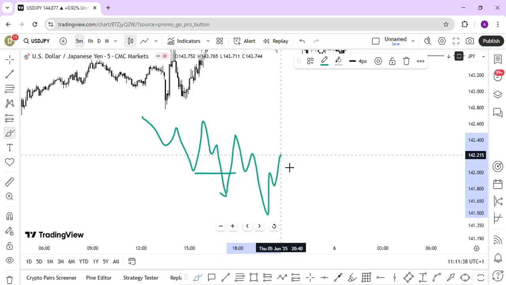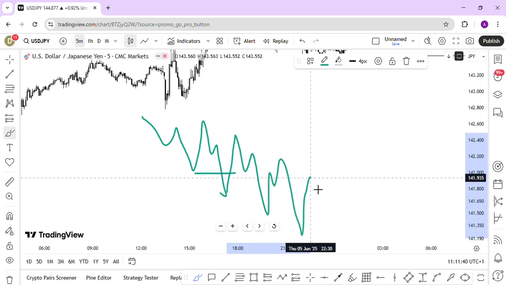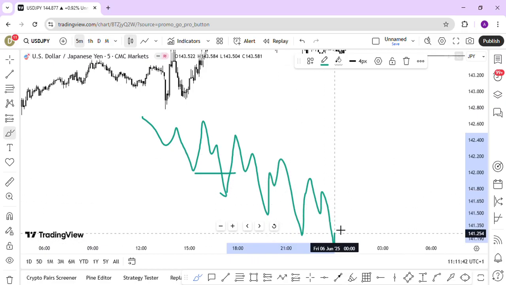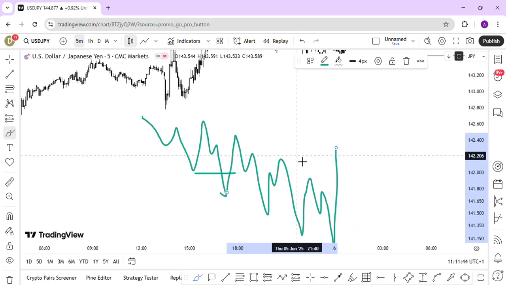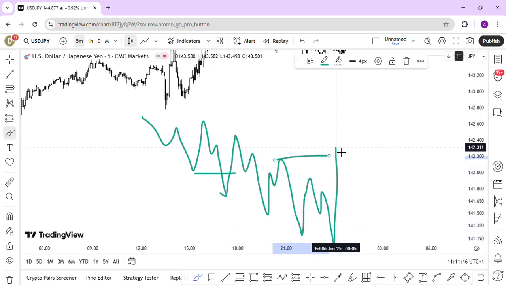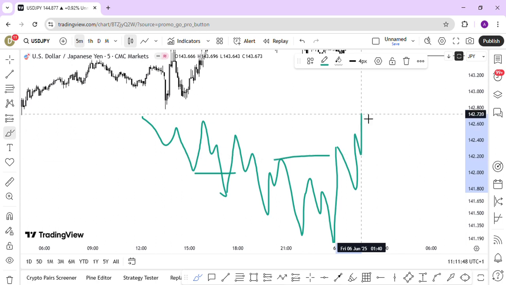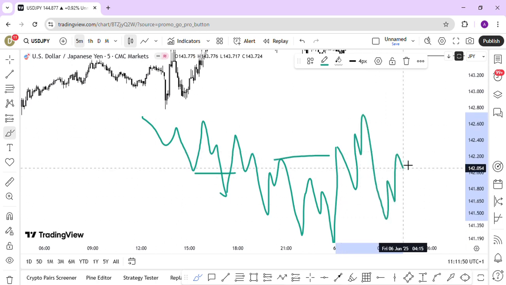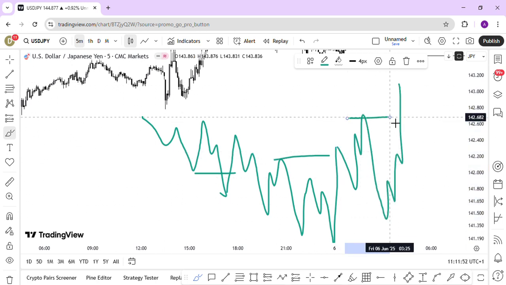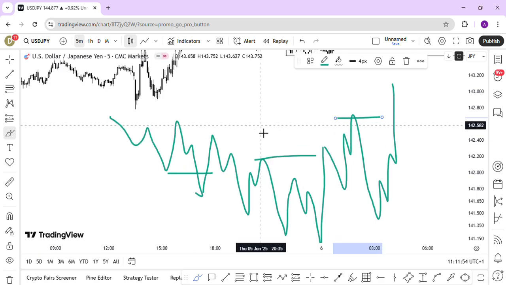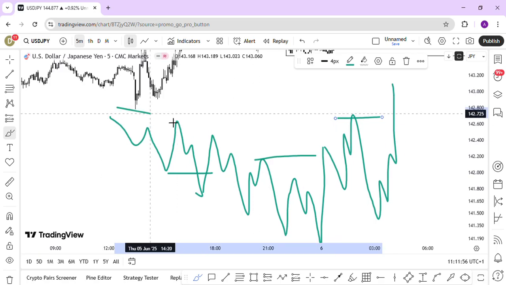If the market is continuing the structure, I'm flowing with the flow of the market. But if we have a change of character like this, then I'll be looking for buys. So that's just it.